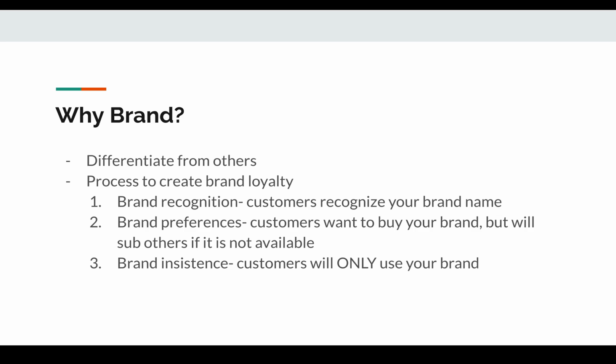For example, a lot of athletes will only wear one type or brand of shoe. So maybe they like a Nike basketball shoe. If it's not available, if maybe it's on back order, they need to order it, it's not in stock, they, instead of switching to an Adidas shoe or an Under Armour shoe, they're going to wait until that Nike shoe is back. They are not going to buy another product.